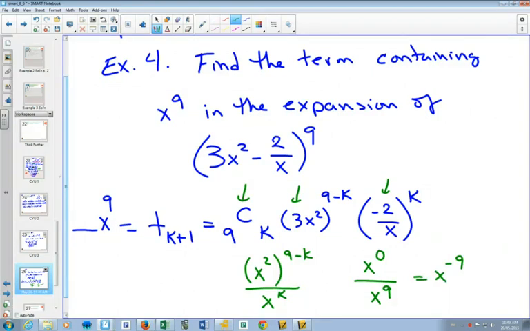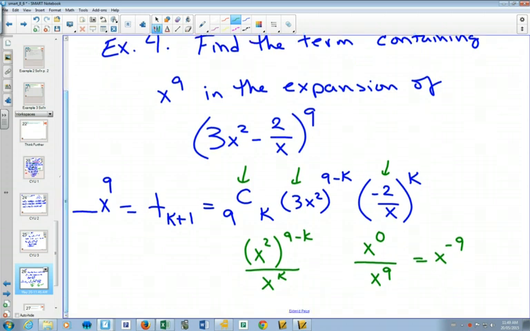So starting with k equals 9, some of the patterns that I want you to see is when you have an x squared over an x, right, we're going to need more x's on the top than on the bottom. So we're going to have to figure out a k value from that. Okay? So let's try a different value of k. So this is when k was equal to 9, and it didn't work.